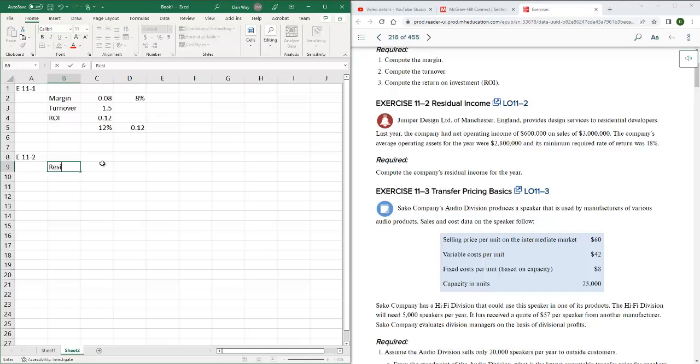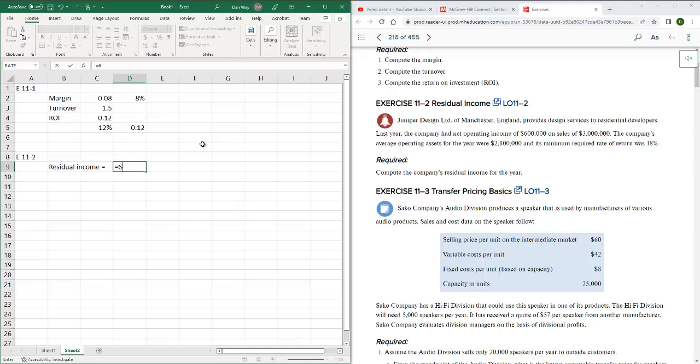So we're going to calculate residual income for this scenario and then talk a little bit about that measure as well. So remember, residual income is the income generated above and beyond that capital charge, that minimum required rate of return.